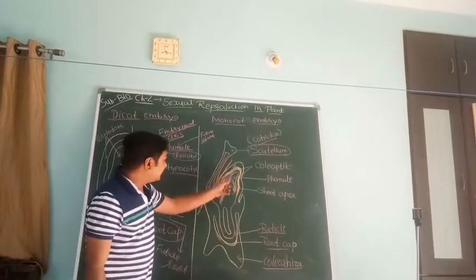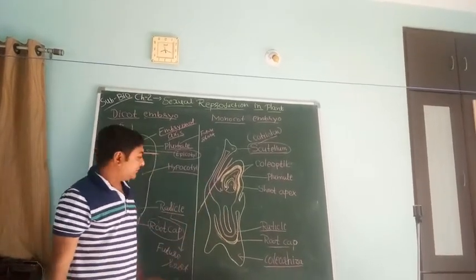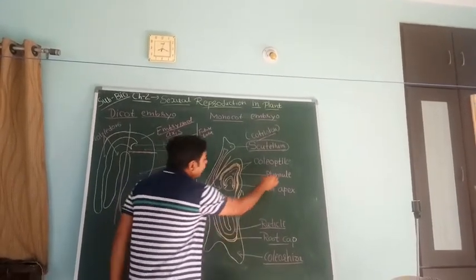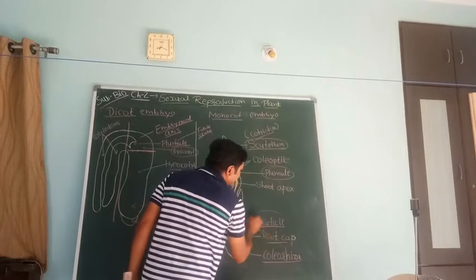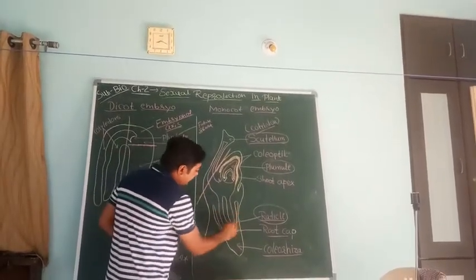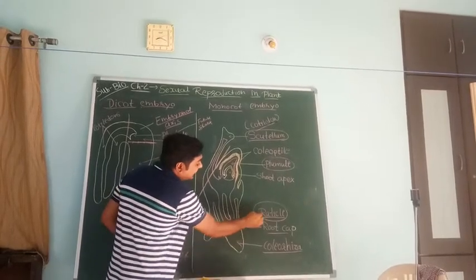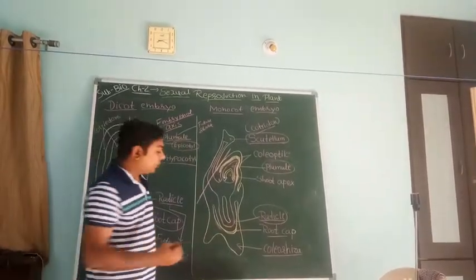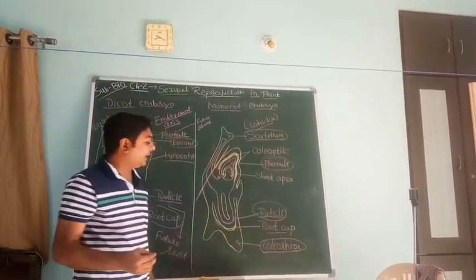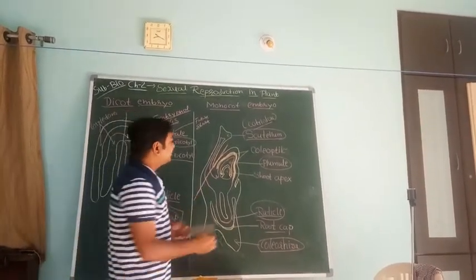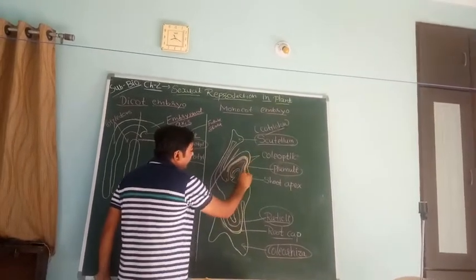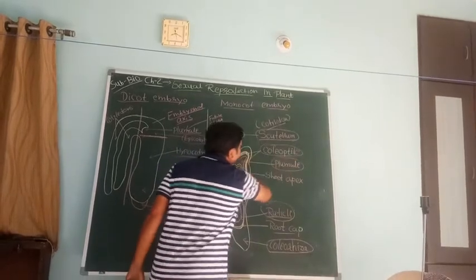Now this part is the embryonal axis. You can see there are two main parts, a plumule and a radicle. The lower part is the radicle, and the radicle is covered by a protective sheath known as the coleorhiza. The plumule is covered by another protective sheath known as the coleoptile.